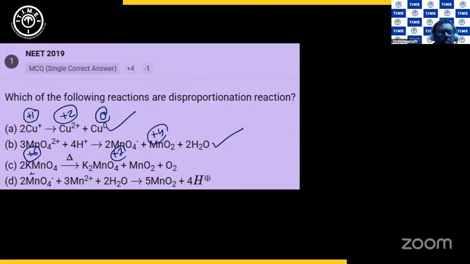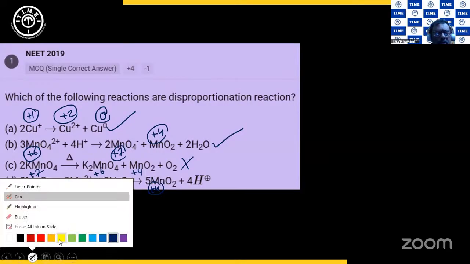Whereas here this is +7 coming down to +6 and also coming down to +4. This is not disproportionation. It should go up and it should come down. That is what is disproportionation. So C is not disproportionation. And then what is D? D is comproportionation. This is +7, this is +2, and they're together going to become +4. Clear?